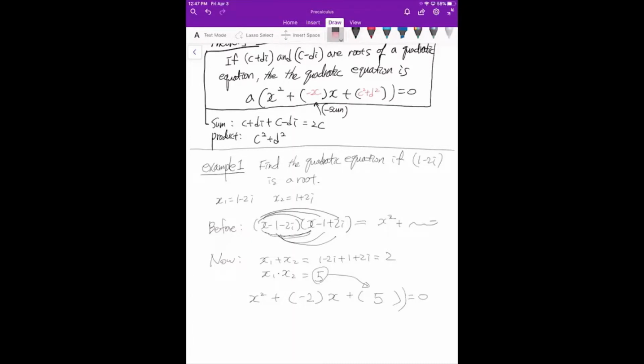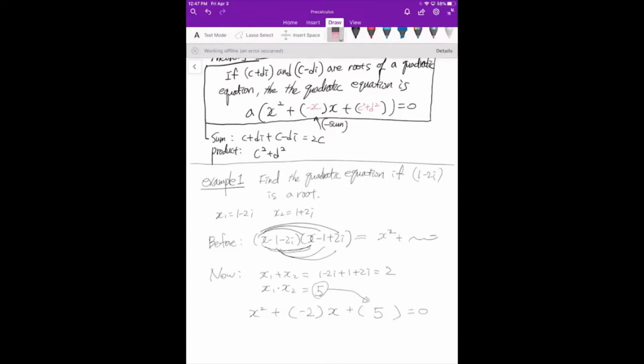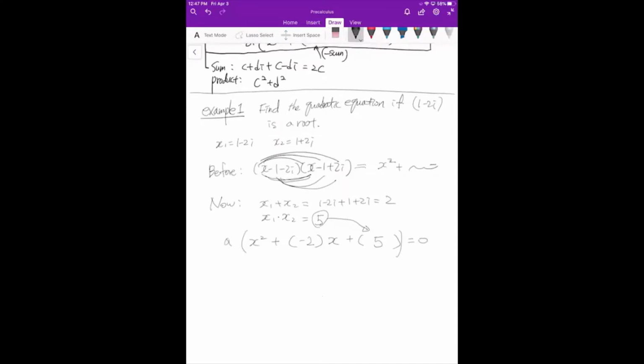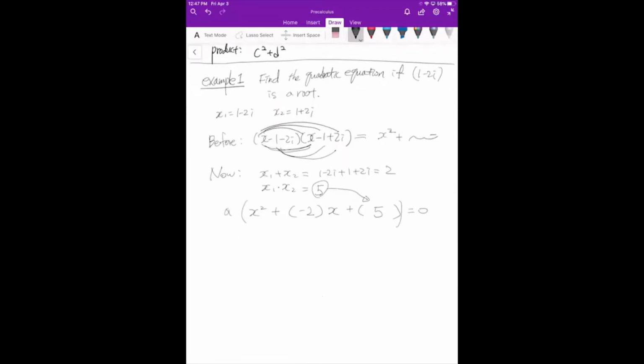So I will just drop this and leave it as x squared minus 2x plus 5. So now you found the quadratic equation. But technically, if you didn't try the expansion, you can just leave it as A. That's also a correct answer. Yeah. So let's take another example.